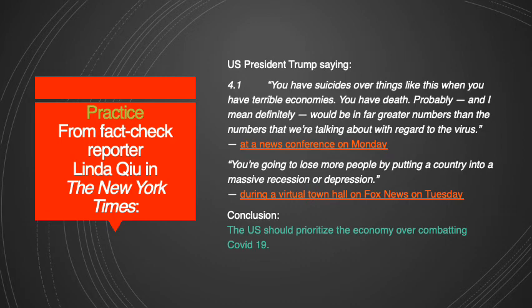And he's talking about the numbers of deaths that will result from one sort of decision or another sort of decision. He says, you're going to lose, so that's a prediction about the future and future consequences. So what he's appealing to here are moral consequences, the effects on people.